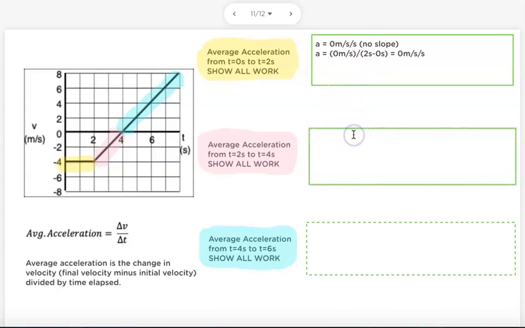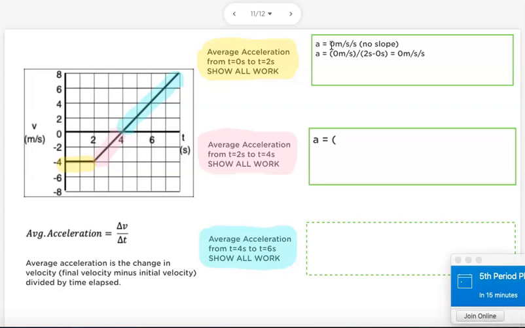When I get to the pink section, I say, oh, decrease my font. I say the acceleration is 0 meters per second minus a minus 4 meters per second divided by 4 seconds minus 2 seconds. 0 meters per second is my final velocity.